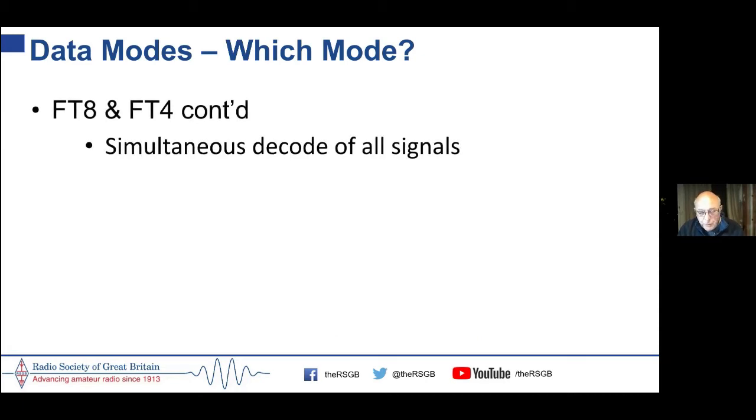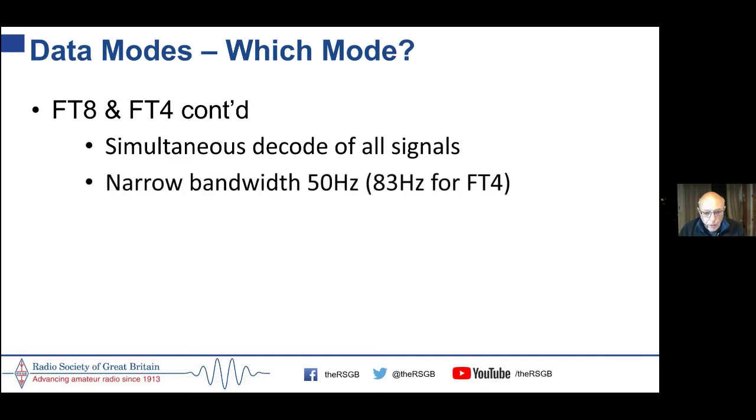One of the great things about FT8 and some of the other data modes is when you tune into 14.074, the decoder will decode all the signals in that band. So you can see everyone that's active and what's going on. The signals are very narrow bandwidth. Each individual one is 50 hertz for FT8 and 83 hertz for FT4.